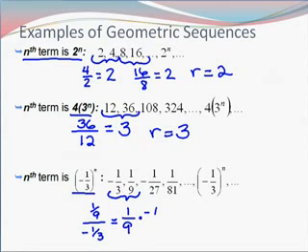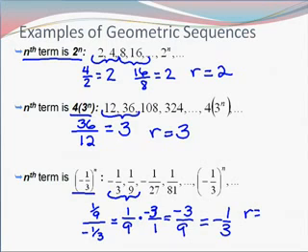So 1/9 times, oops, sorry, negative 3 over 1. Gotta do the reciprocal. It's going to give us negative 3 over 9, which is negative 1/3. So r, your common ratio, is negative 1/3.